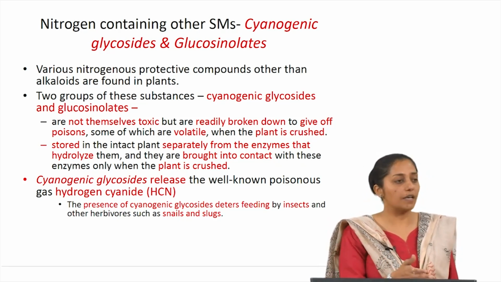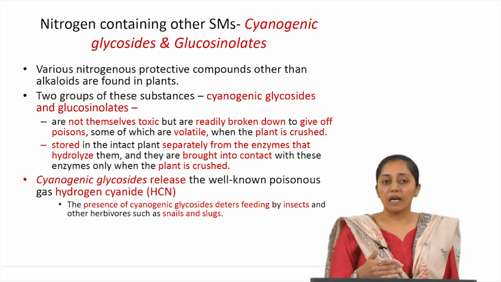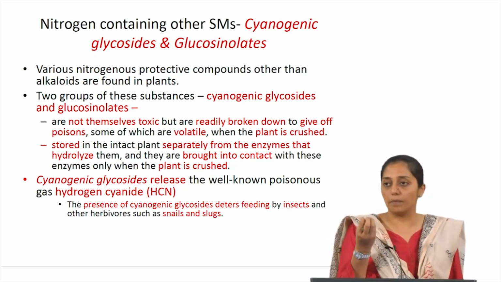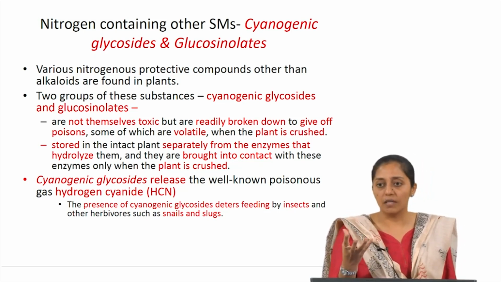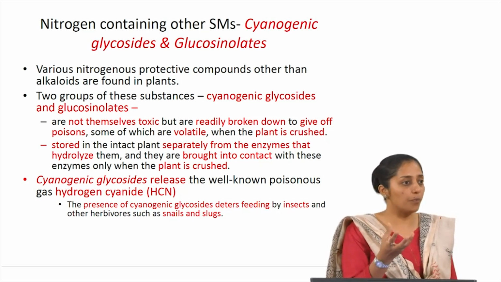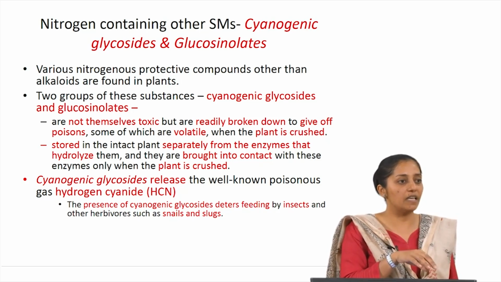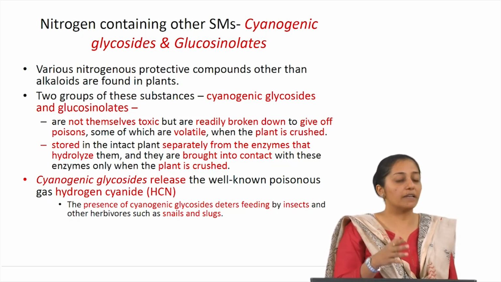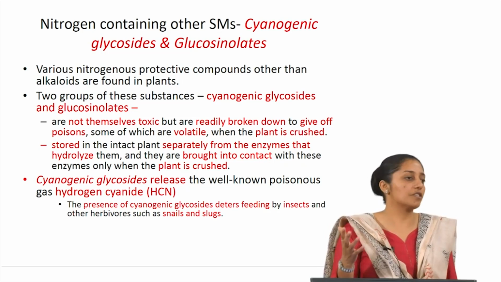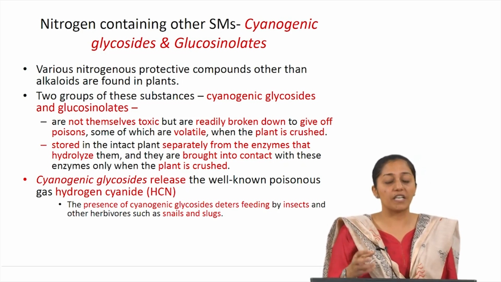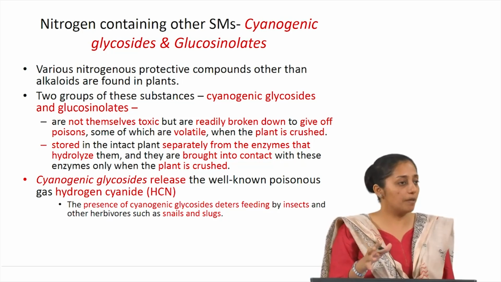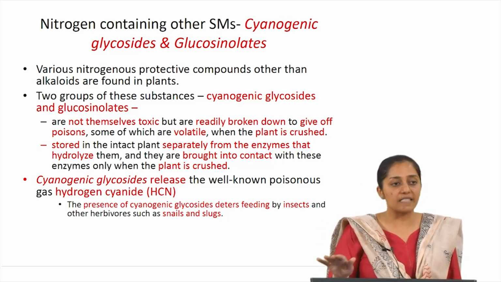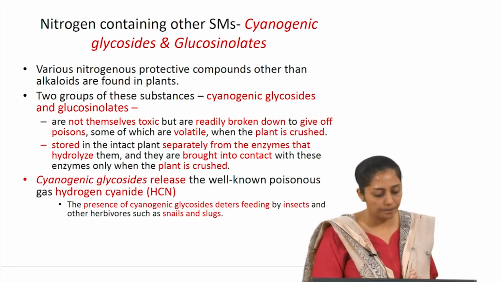After hydrolysis, once the cell gets ruptured, these conjugates are exposed to the enzymes in the vicinity, and the final breakdown gives toxic compounds which can be volatile, like hydrogen cyanide. This gets released and can either directly damage the pathogen or help trigger the signal cascade mechanism in the plant itself.